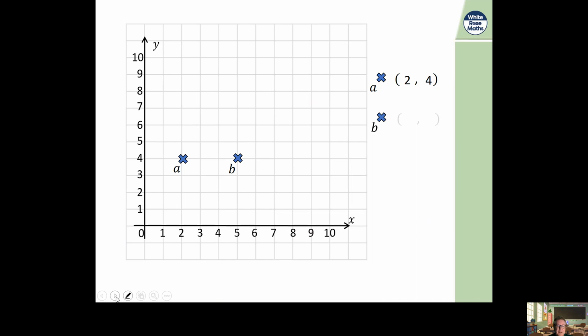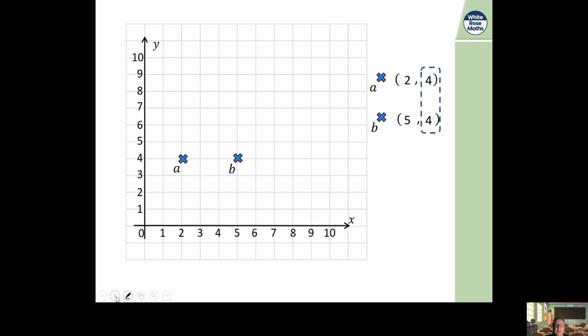B, 5. 5 on the x-axis, 4 on the y. So what do they have in common, and what is different? So there's a common coordinate there.